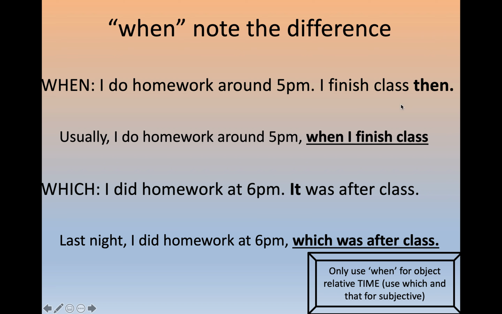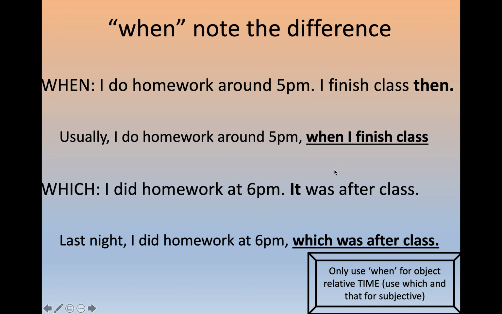Okay, let's look at our adjective clauses. Usually I do homework around 5 p.m. when I finish class. Last night I did homework at 6 p.m., which was after class. We used when in this sentence and which in this sentence.